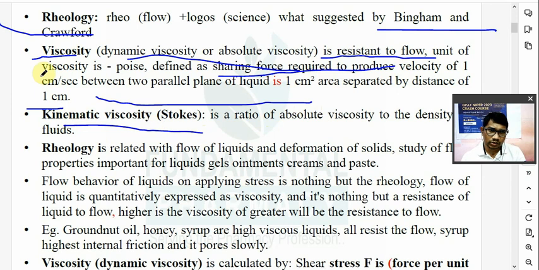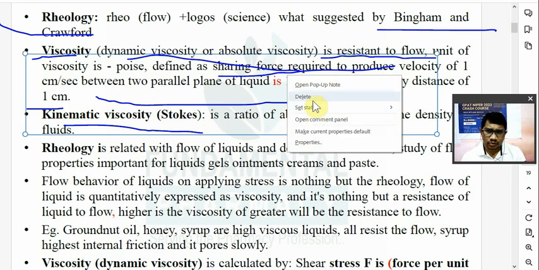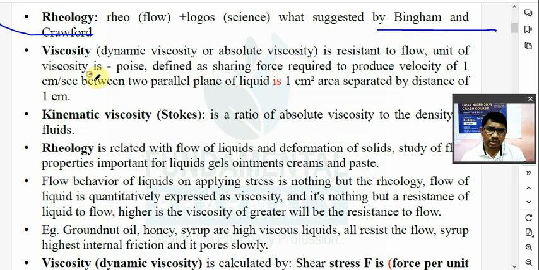The normal viscosity is dynamic viscosity or absolute viscosity, and its unit is the poise. The SI unit of viscosity is the poise. It may be either poise or centipoise, CP. 1 centipoise is equal to 10 raised to minus 2 poise.